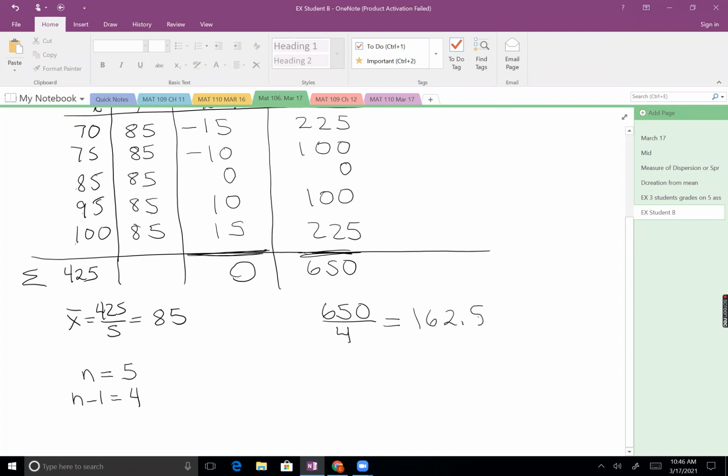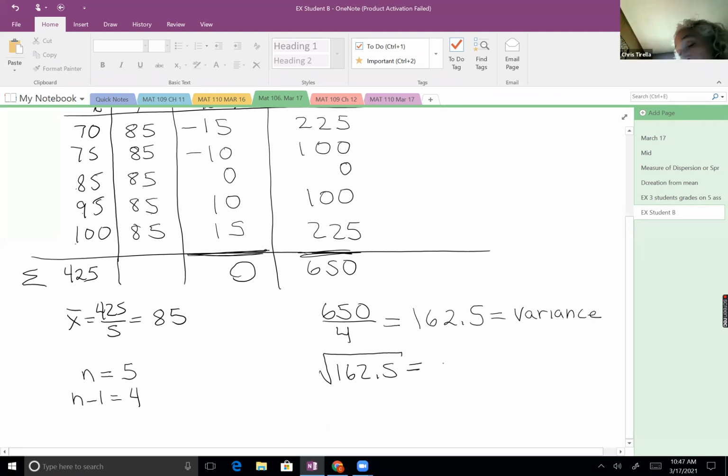So 162.5 is our variance. And so for our standard deviation, we're going to take the square root of that. What are you getting? 12.7. And so that's our standard deviation.